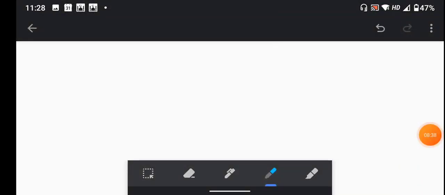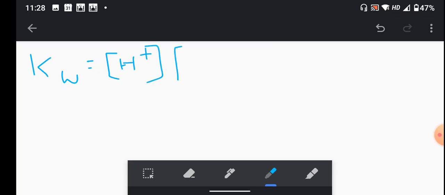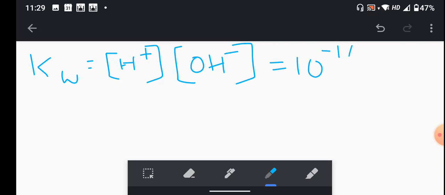Okay, so here OH concentration is given. In the previous class we studied Kw equals concentration of H plus into concentration of OH minus equals 10 to the power minus 14.